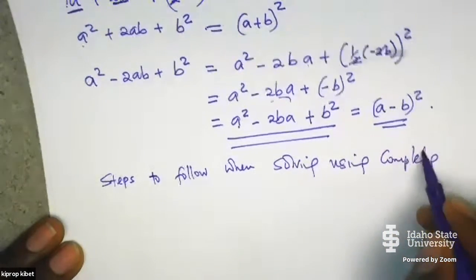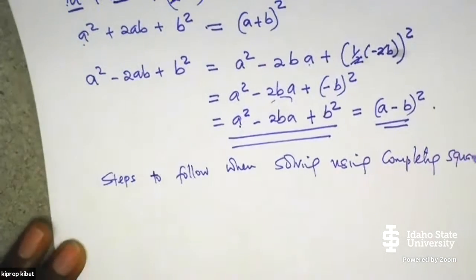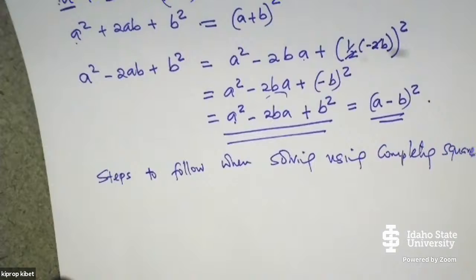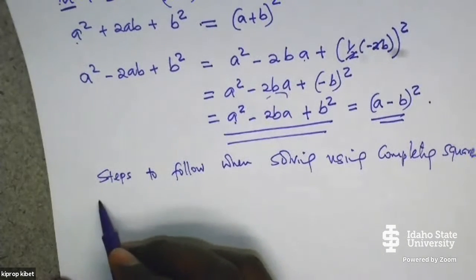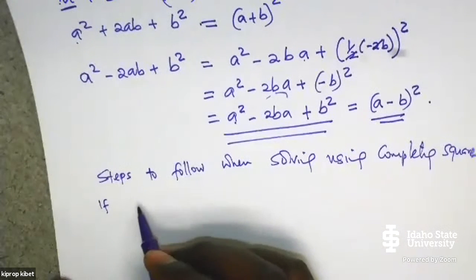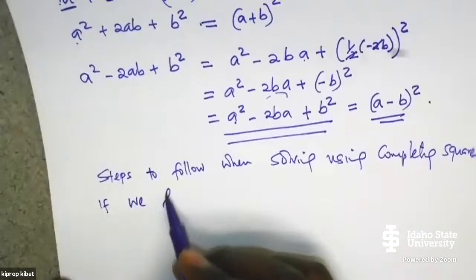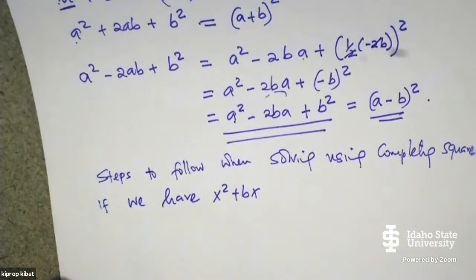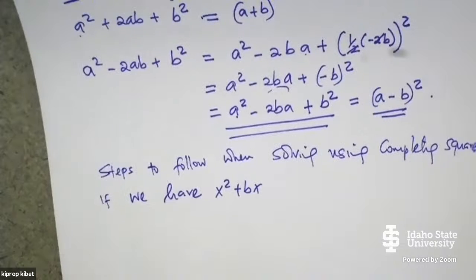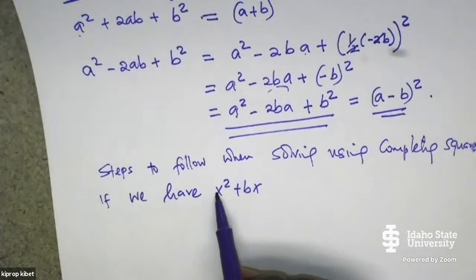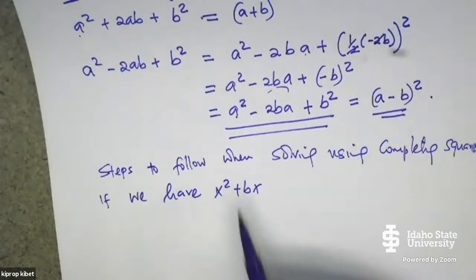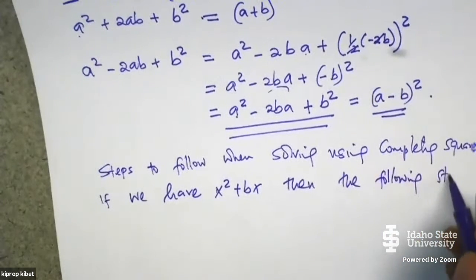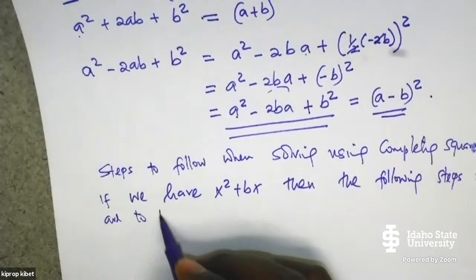If we have x squared plus bx, where the coefficient of x squared is 1, then the following steps are to be followed.